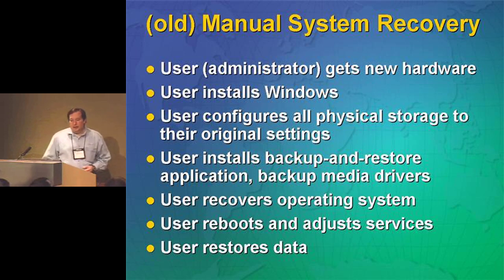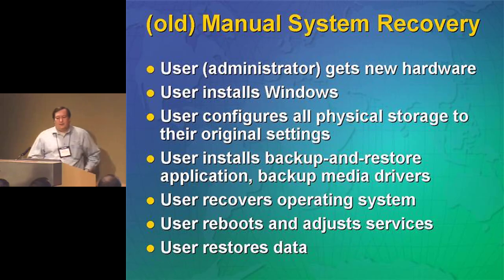So the old way in Windows 2000 is the administrator has to go out and buy some new hardware. He's got to install Windows. As you all know, that's a couple-hour process. He has to configure his physical storage, because there's no way in Windows 2000 to configure dynamic disks without having the operating system up and running. So he needs to get the operating system up and running, configure his storage so that he can do the restore.